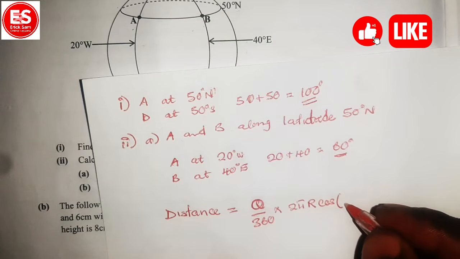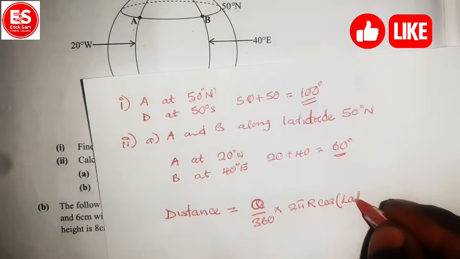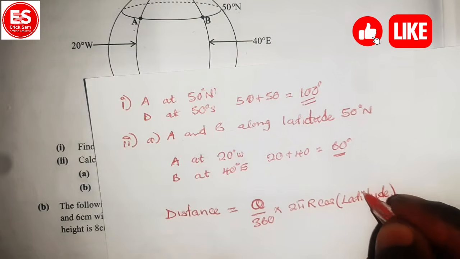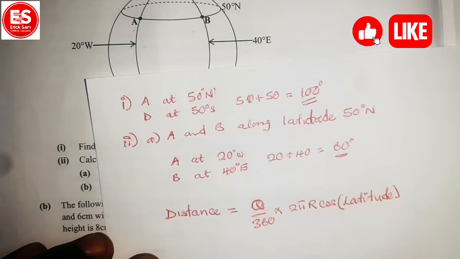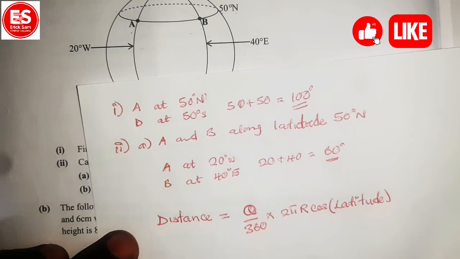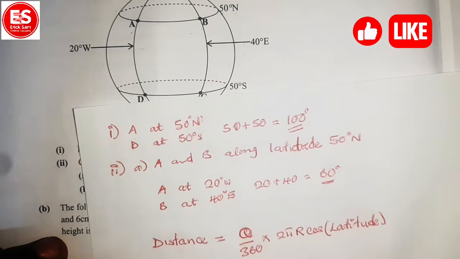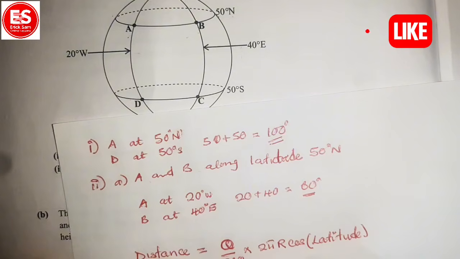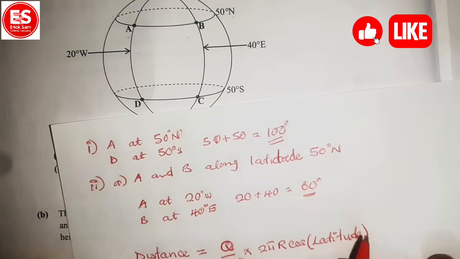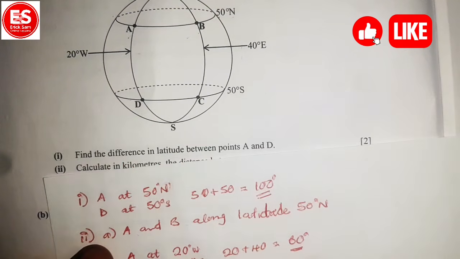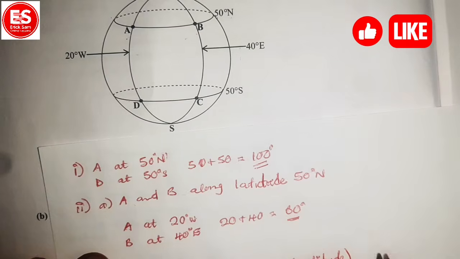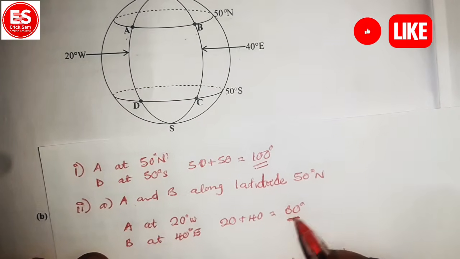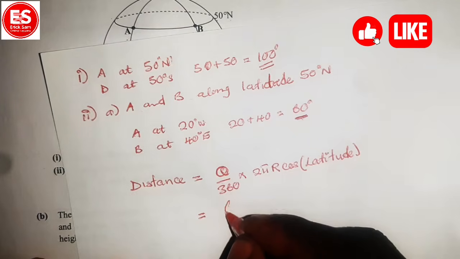So cos theta, which is latitude. In this scenario, theta is actually the difference in longitude. The difference that we found there is what we are going to put here as theta.